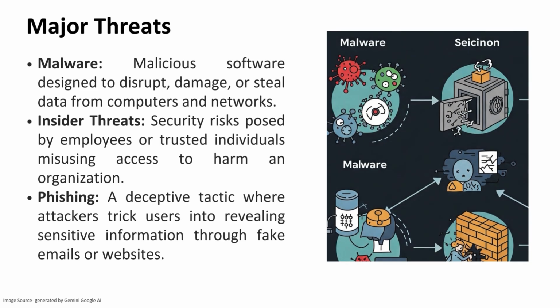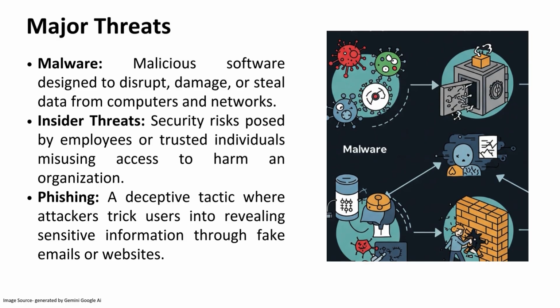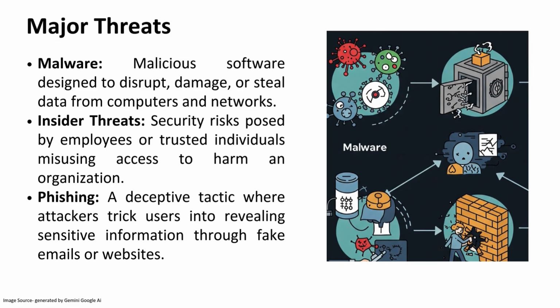Major threats: malware, malicious software designed to disrupt, damage, or steal data from computers and networks. Insider threats, security risks posed by employees or trusted individuals misusing access to harm an organization. Phishing, a deceptive tactic where attackers trick users into revealing sensitive information through fake emails or websites.